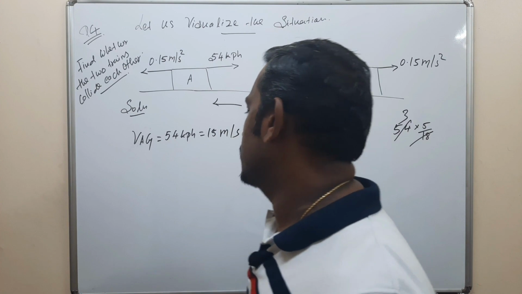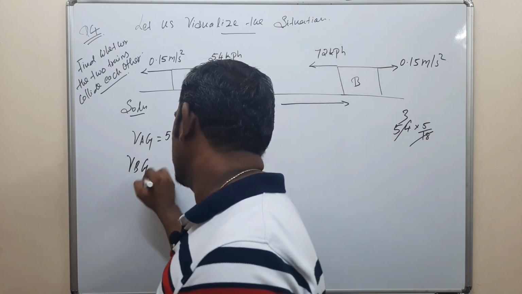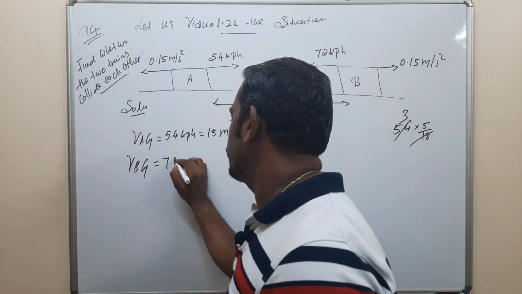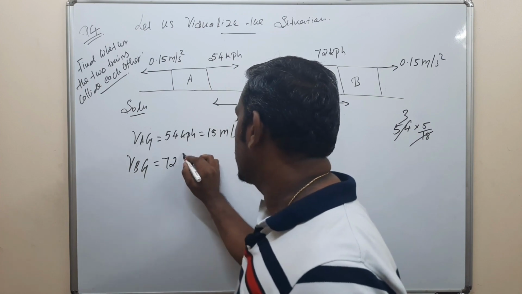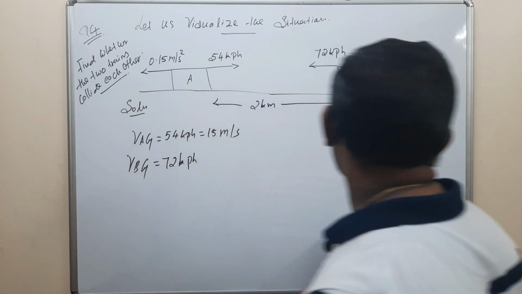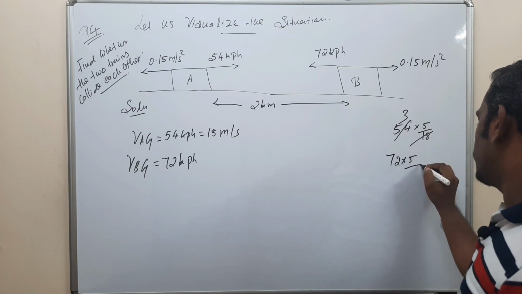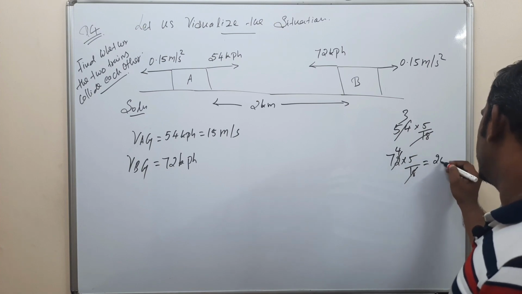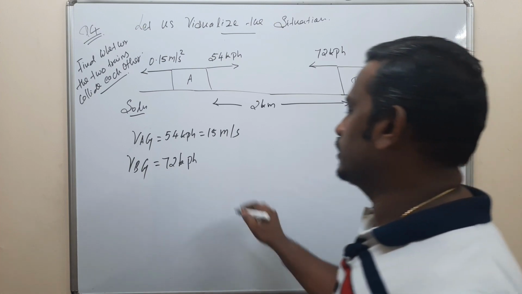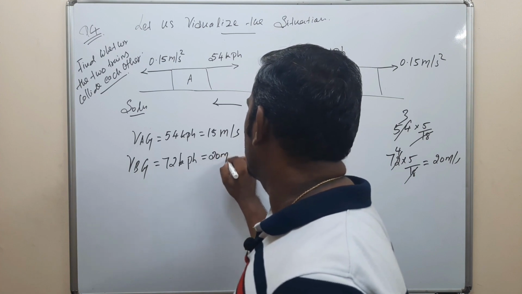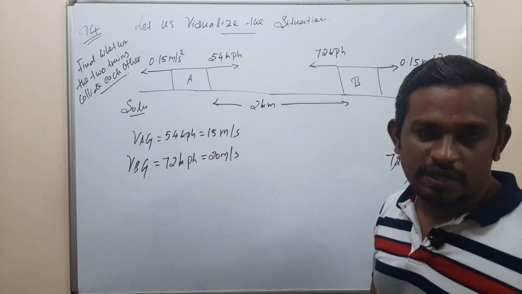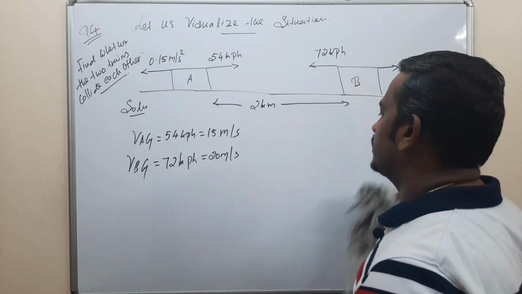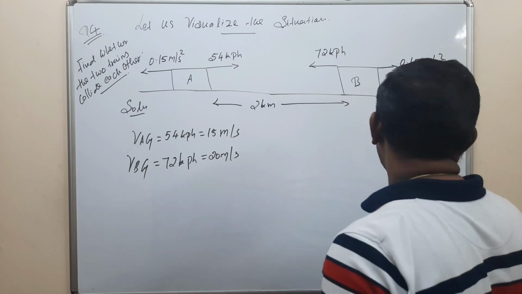Velocity of B with respect to ground is 72 kph. So 72 into 5 by 18, so 4 times, that's equal to 20 meter per second. So velocity of train A with respect to ground is 15 meter per second, and velocity of train B with respect to ground is 20 meter per second.